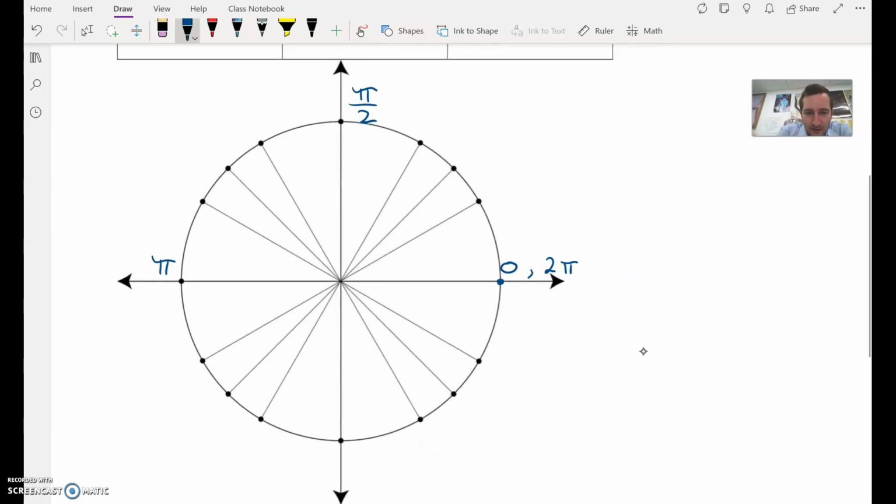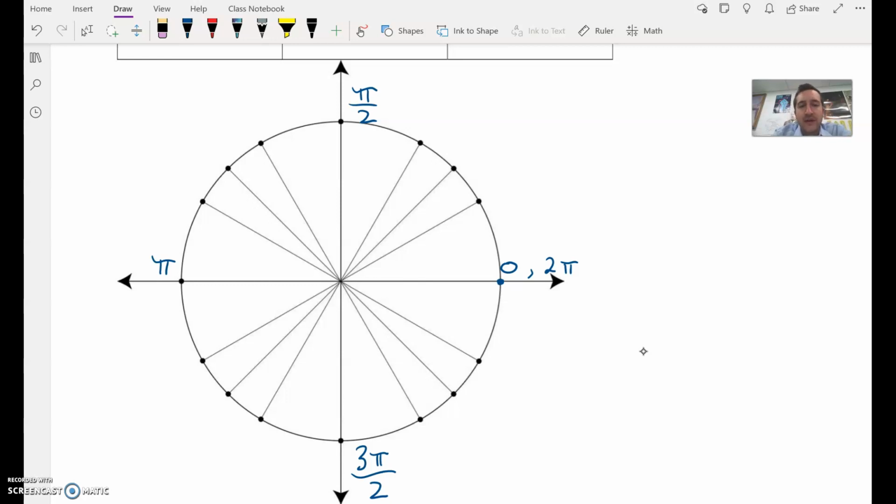And then what about here? 1.5 spins to this line right there. How many radians is that? Well, if this is 0, and this is 1/2 pi, and this is 1 pi, this must be 1.5. How would we write 1.5 as a fraction? 3 over 2. So these are the main 4 quadrants that you really need to know. To help memorize the radians around the unit circle, you need to know these 4 anchors, right?